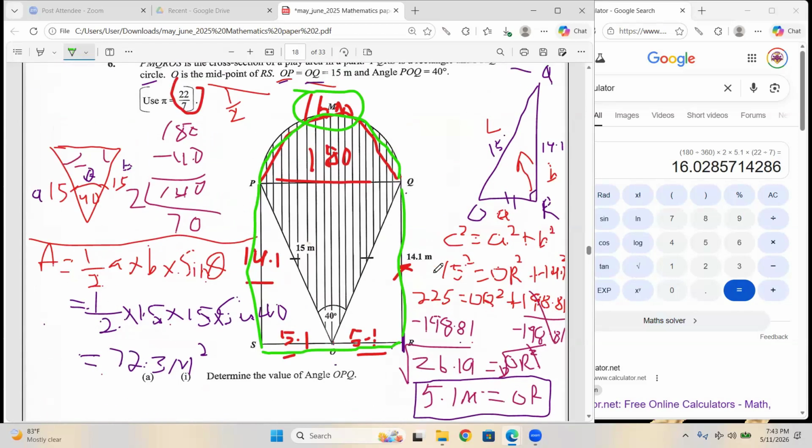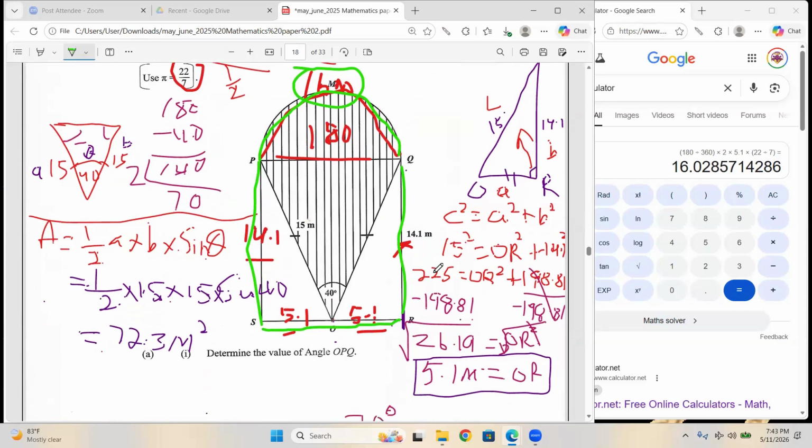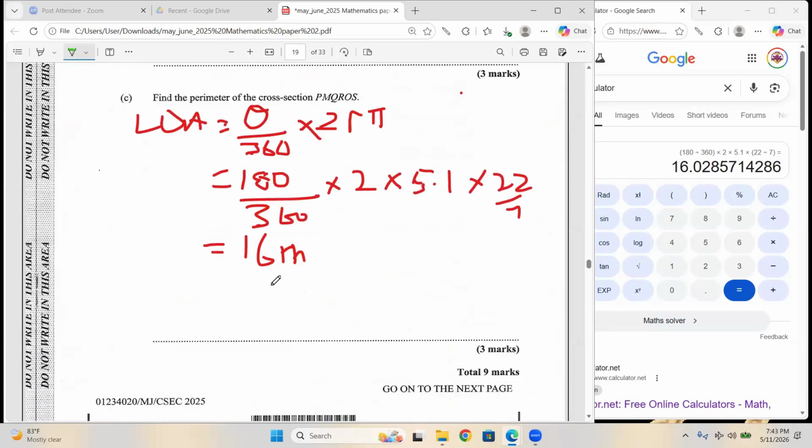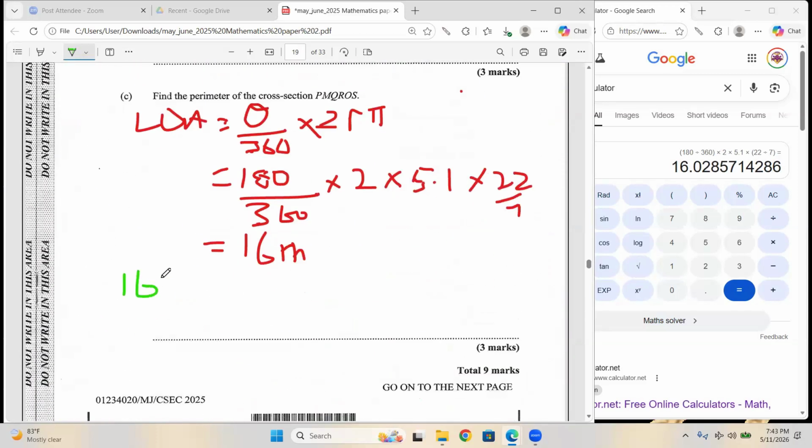So it's 16, add 14.1 twice and 5.1 twice. Okay, so 16 add 14.1, add 14.1 again, add 5.1 twice will give us the perimeter.